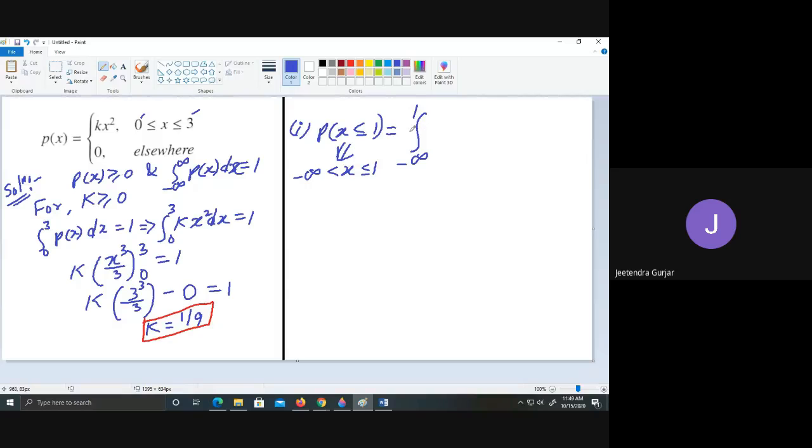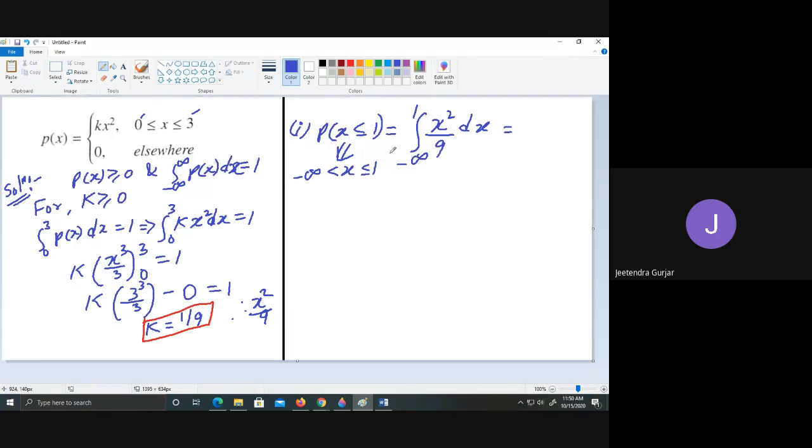Now what is p of x, students? If you put k as 1 upon 9, p of x is x square upon 9, because k is 1 upon 9. So this is x square dx.